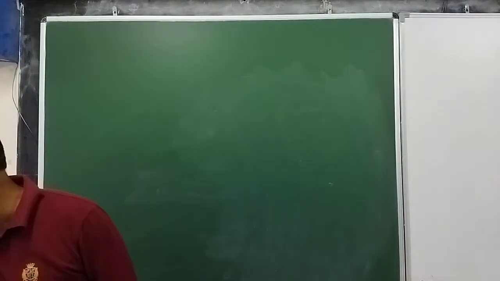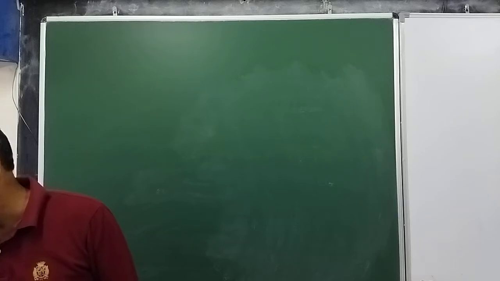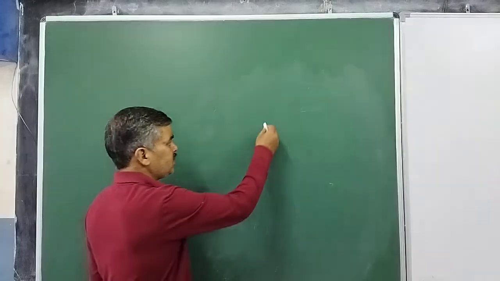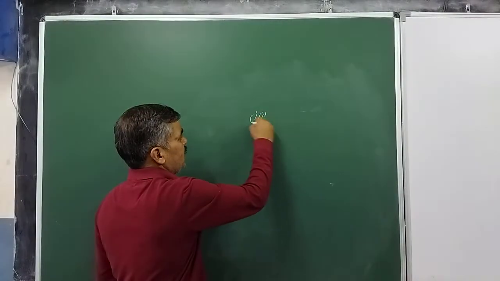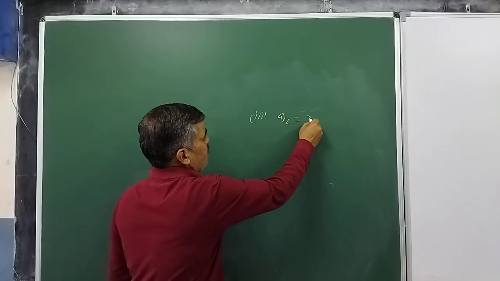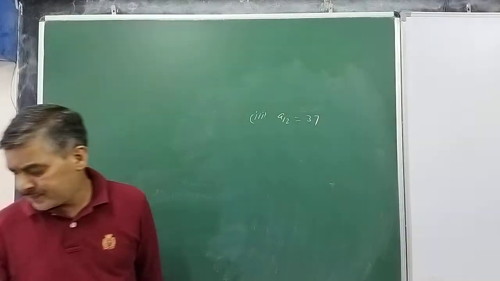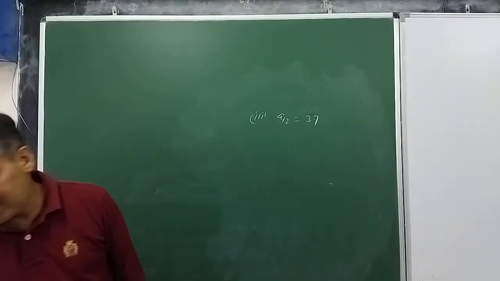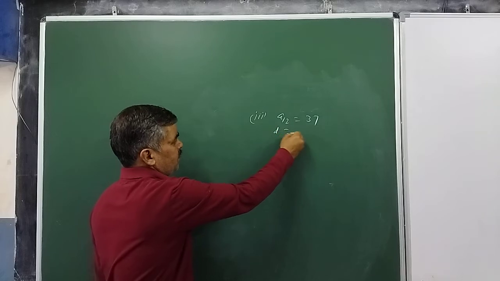In third part, again you can see here, given A12 is 37, D is 3, find A and S12. So A12 is equal to 37, and D is equal to 3.